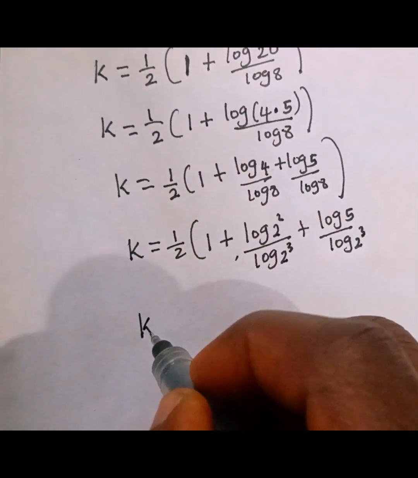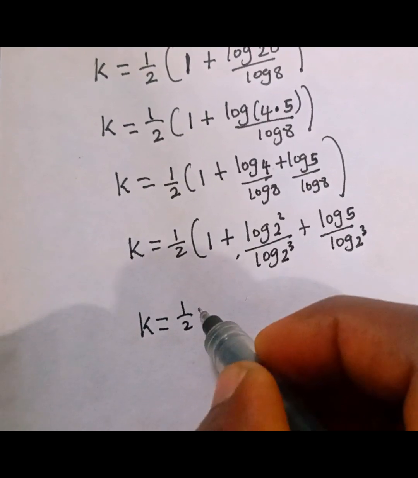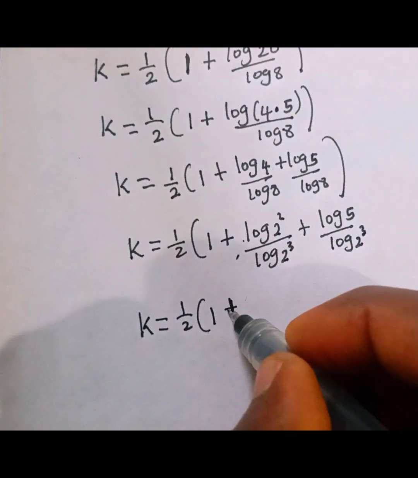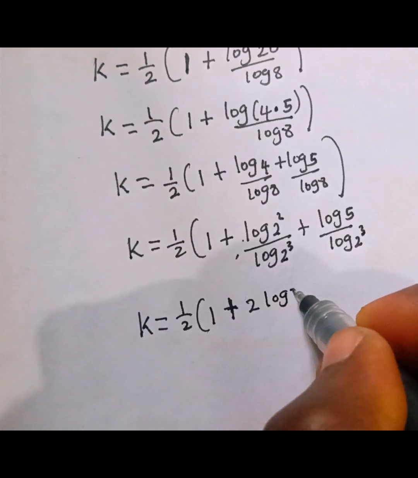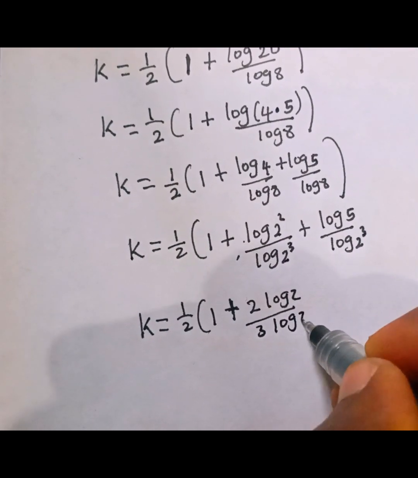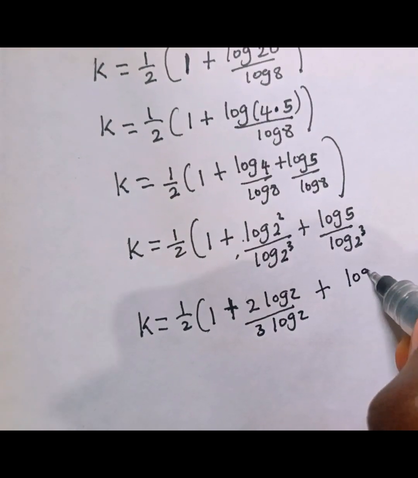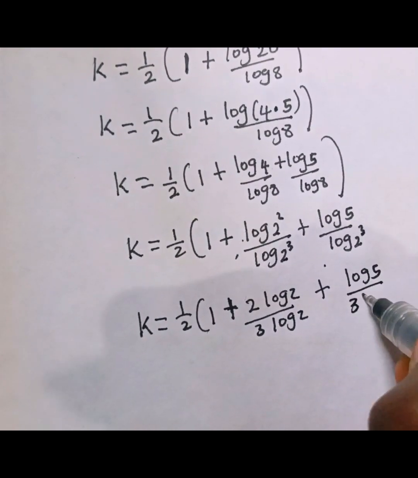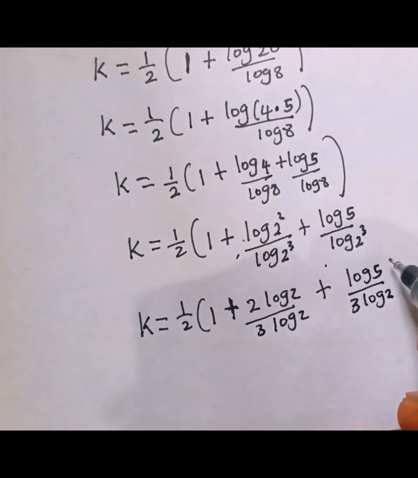So we're going to have k equal to 1 over 2, open bracket 1 plus 2 log 2 over 3 log 2, plus log of 5 over 3 log 2.